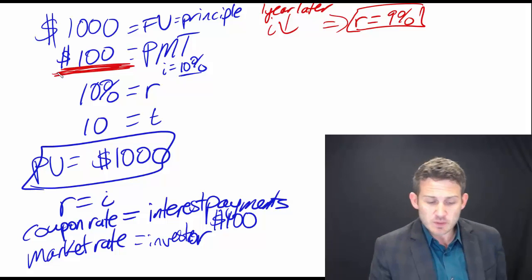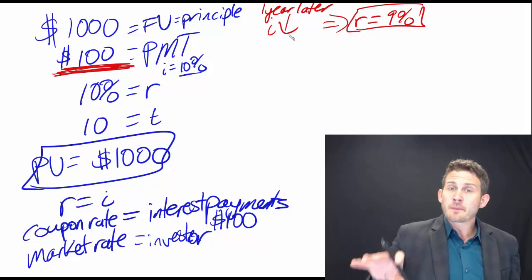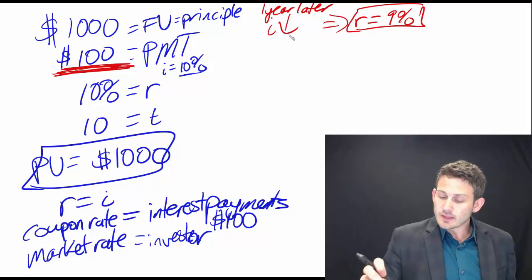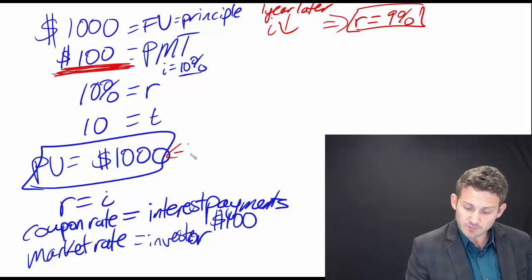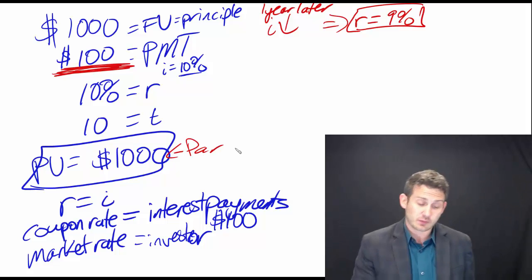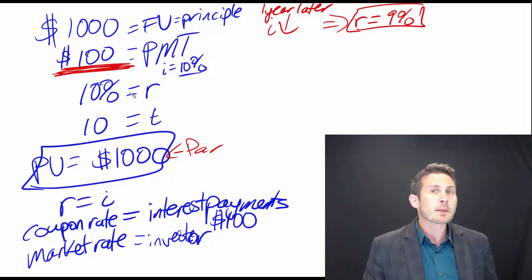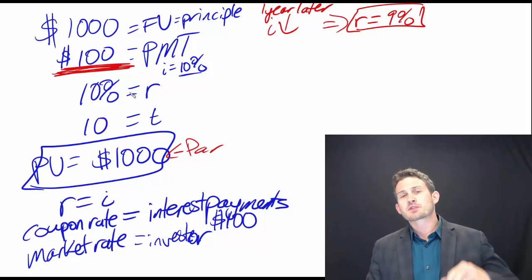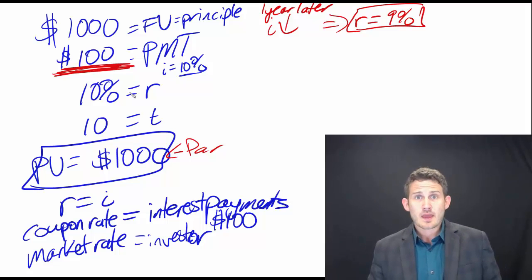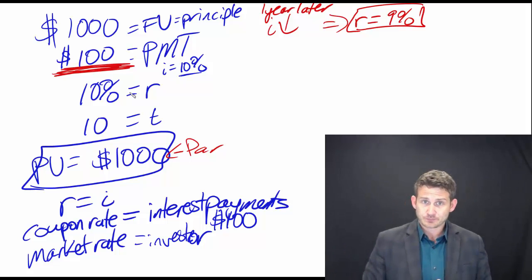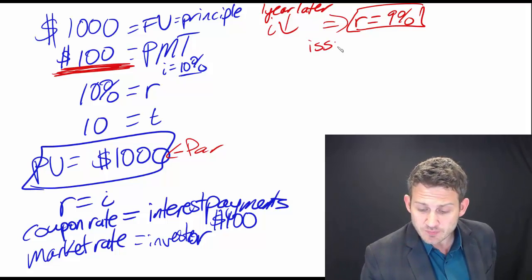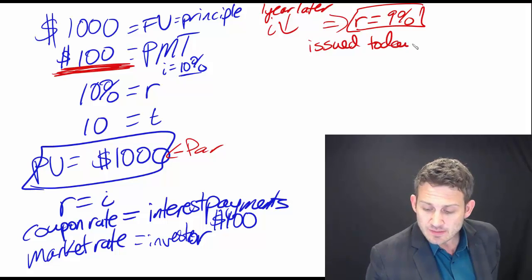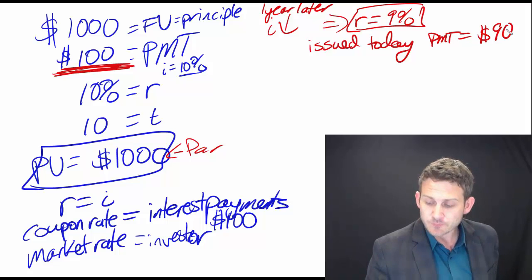So we should be looking at this and asking, what is this bond going to be worth? Before the interest rate change, this bond is trading at par. Now that interest rates have fallen, what is going to happen to this bond? If I issued a bond today, my interest payments would be $90.